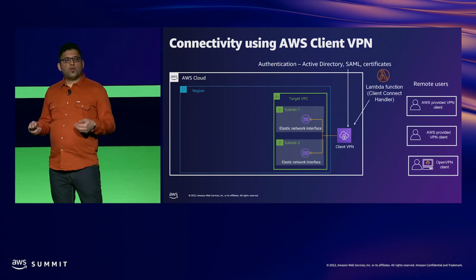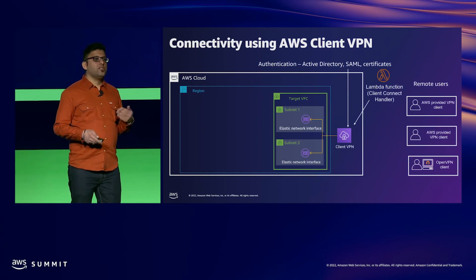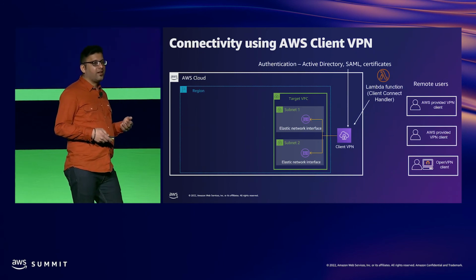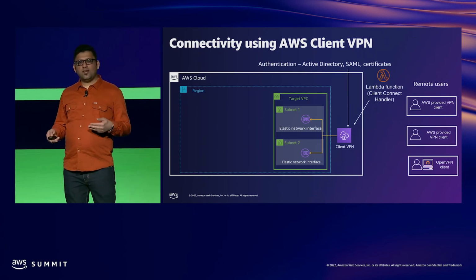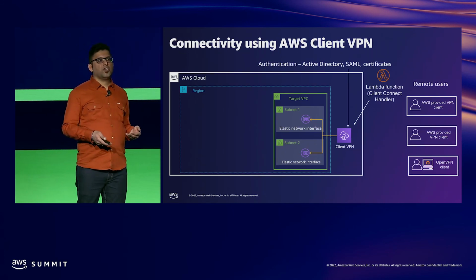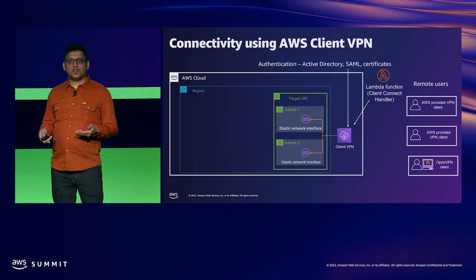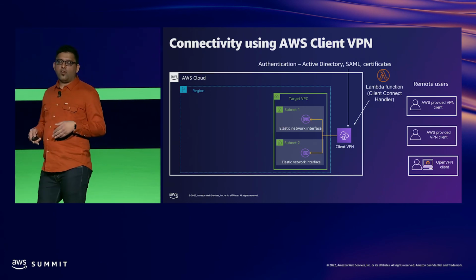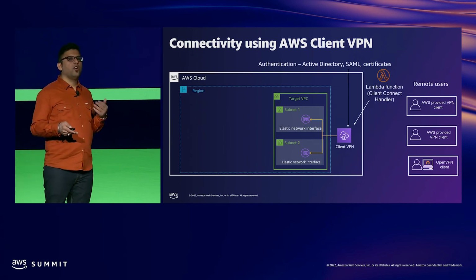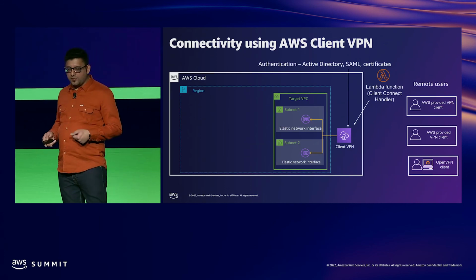Even before authorizing your users to connect to these resources, we launched a new capability which we call a client connect handler, which is nothing but a Lambda function that you run to do the posture assessment for your client. You can check things like which IP addresses the clients are coming from, based on their geolocation, or make sure the client is meeting the minimum requirements for your operating systems.